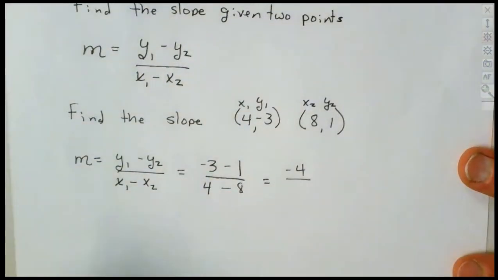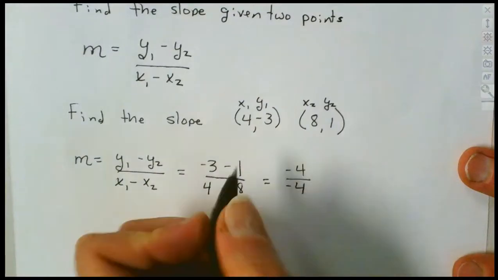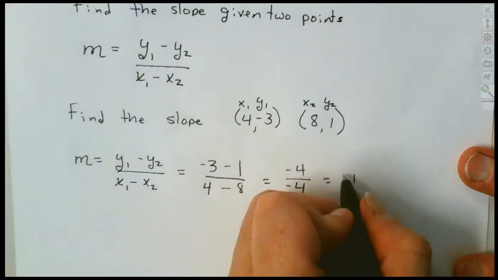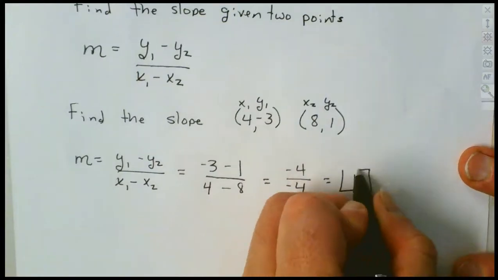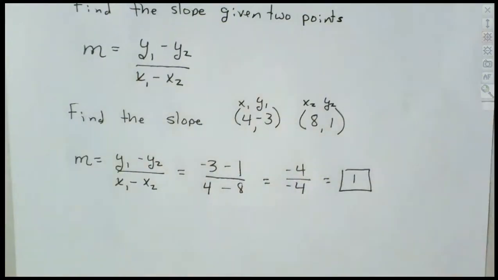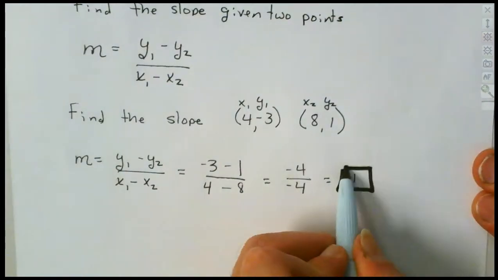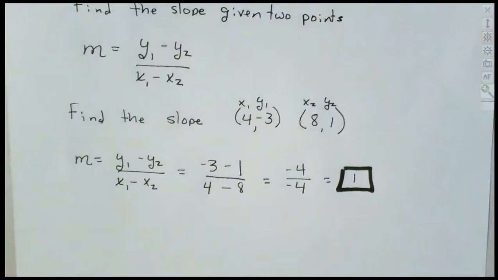And 4 minus 8, that's -4 down below. Negative and negative makes it a +1. So your slope now would simply be 1. Let's do 2 more of these, and then we'll take a short break.